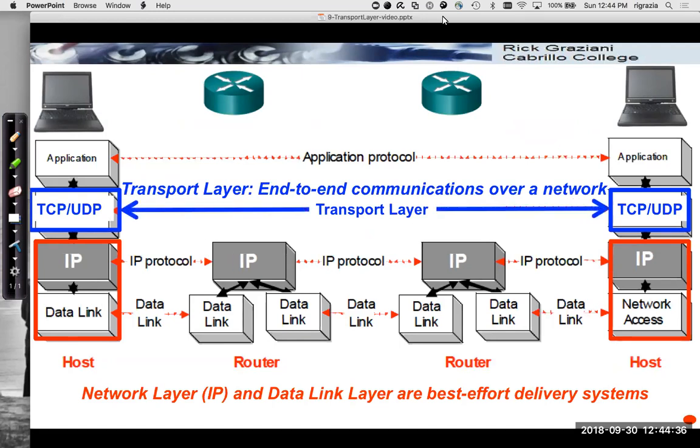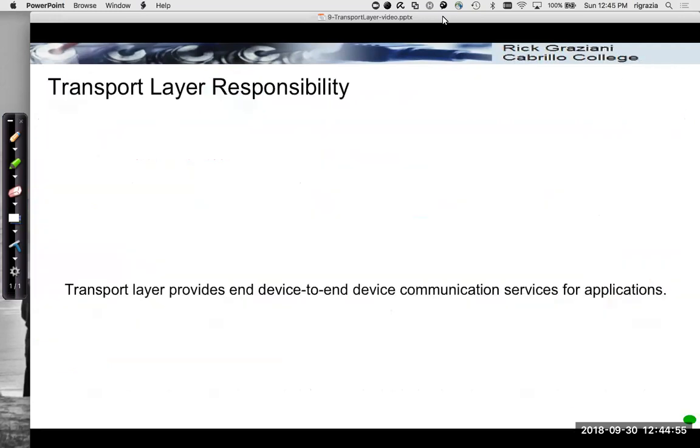We're going to see that reliability and what we also call flow control are specifically a part of TCP. We'll see that TCP and UDP, although both responsible for end-to-end communications over the network, have very different requirements.